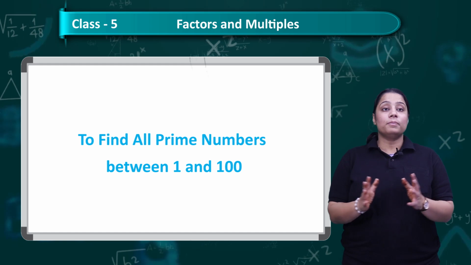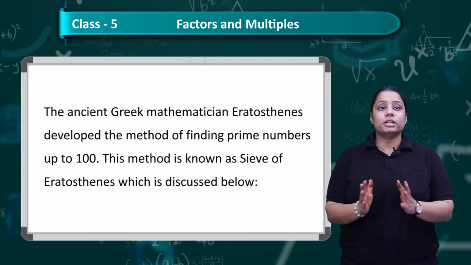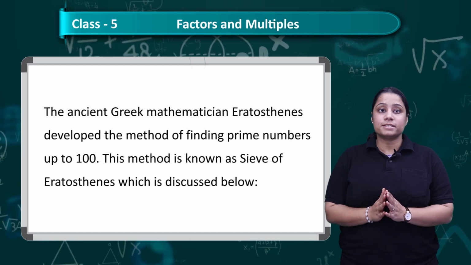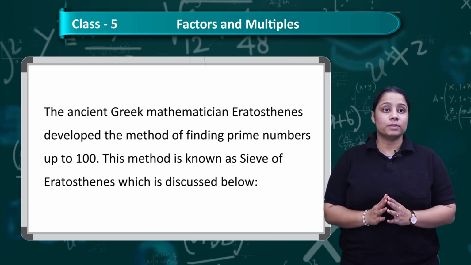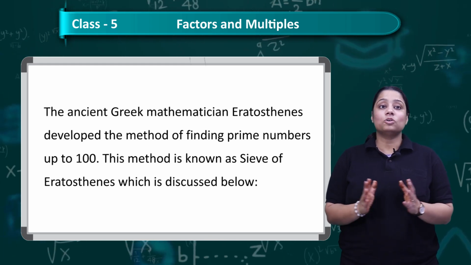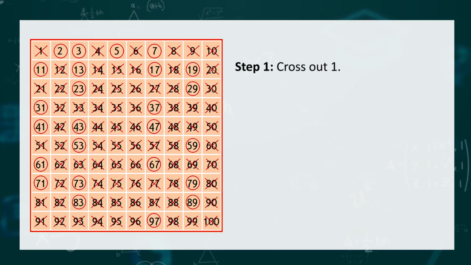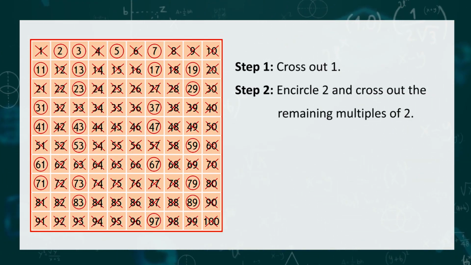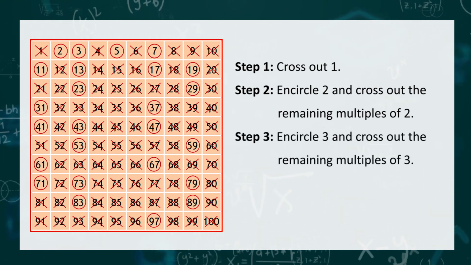To find all prime numbers between 1 and 100, the ancient Greek mathematician Eratosthenes developed a method. This method is known as the sieve of Eratosthenes, which is discussed below. Step 1. Cross out 1. Step 2. Encircle 2 and cross out the remaining multiples of 2. Step 3.